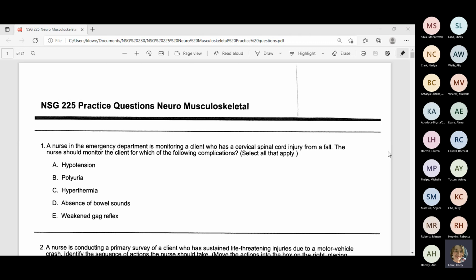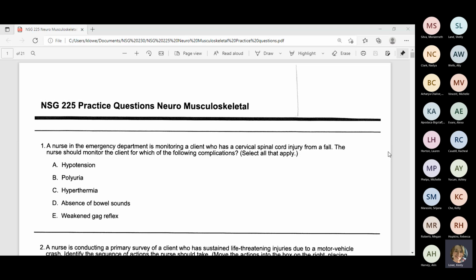That would be correct. And weakened gag reflex, weakened, so decreased. That would be correct. So when I look at answers, I try to think, is there a pattern? Is there a pattern of something going on that makes some things different from the others? With this, thinking about the spinal cord, those messages are decreased.